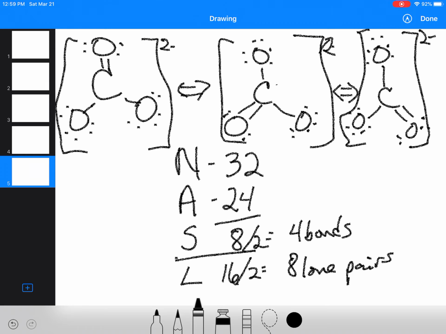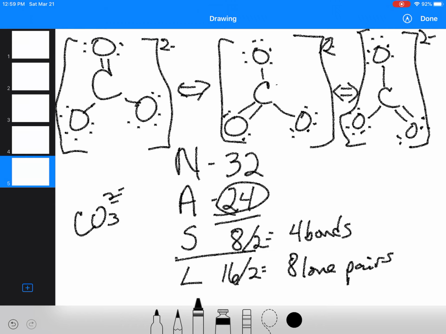Okay, so in this video, we talked about drawing Lewis structures for polyatomic ions and showing resonance. Remember, the -2 for the carbonate anion meant that we have 2 extra electrons. So our available number was 2 higher than we would get just from adding up the valence electrons of 1 carbon and 3 oxygens.